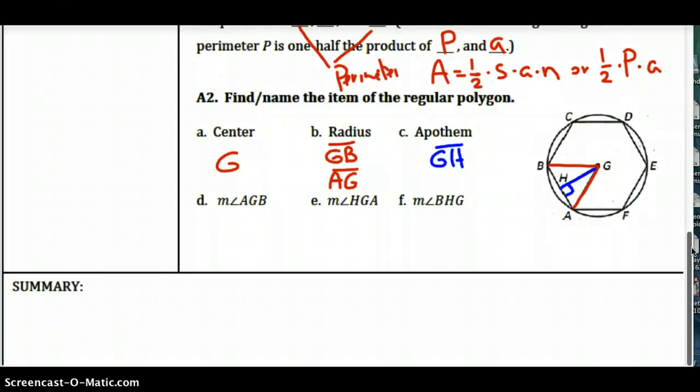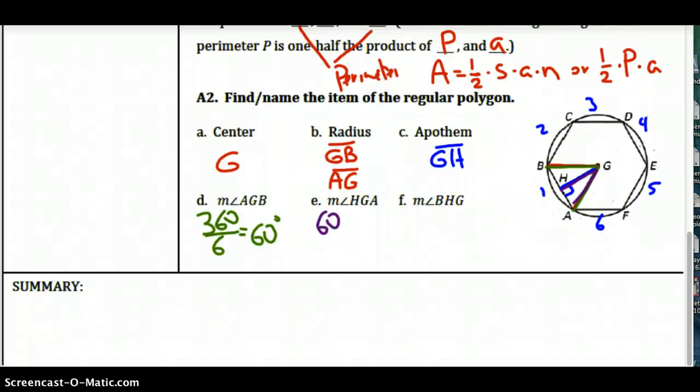And now finding some angles. This is a 1, 2, 3, 4, 5, 6, a hexagon. So the measure of angle AGB, this angle here, is a central angle. So it's 360 divided by 6, which gives me 60 degrees. Now finding the measure of angle HGA, this angle right here, which is half of my central angle.